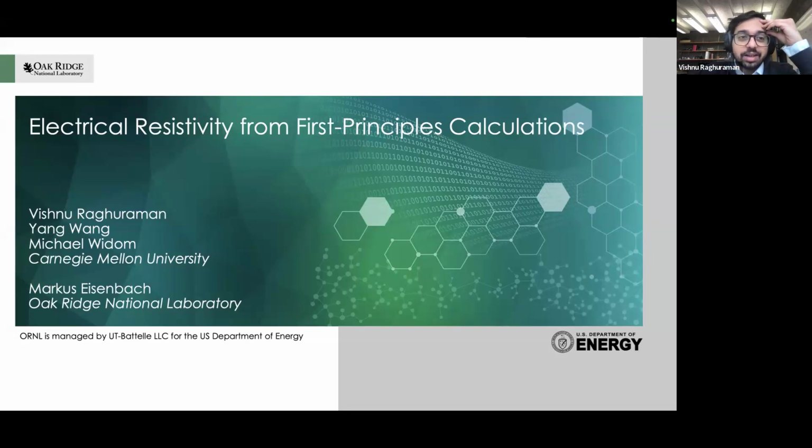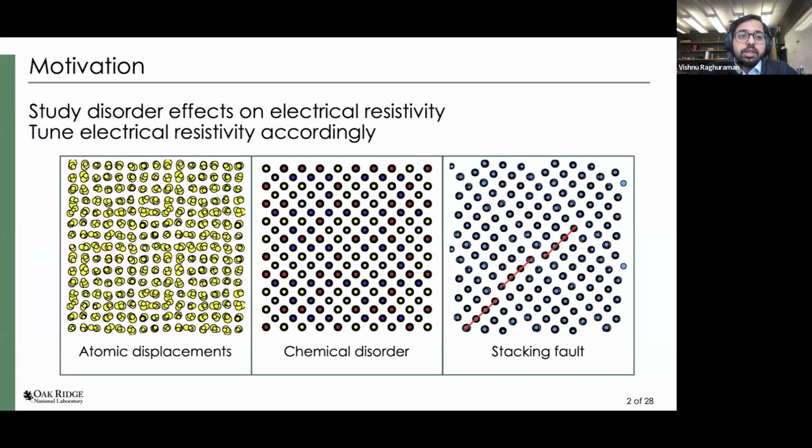So our work has involved electrical resistivity using first principles DFT calculations. The main motivation behind this is to study disorder effects on electrical resistivity. Most real materials have some sort of disorder, whether it's atomic displacements, where atoms are slightly displaced from the ideal lattice sites, or chemical disorder, where there's no fixed arrangement of the different species.